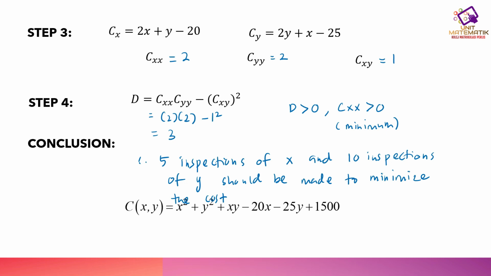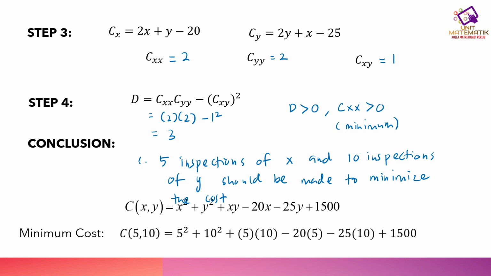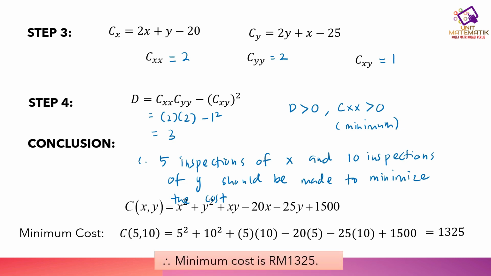So this is the function, and we substitute the values of x and y, where x equals 5 and y equals 10, to find the minimum cost. So we will get the value 1325. So we can conclude that the minimum cost is 1325 ringgit.